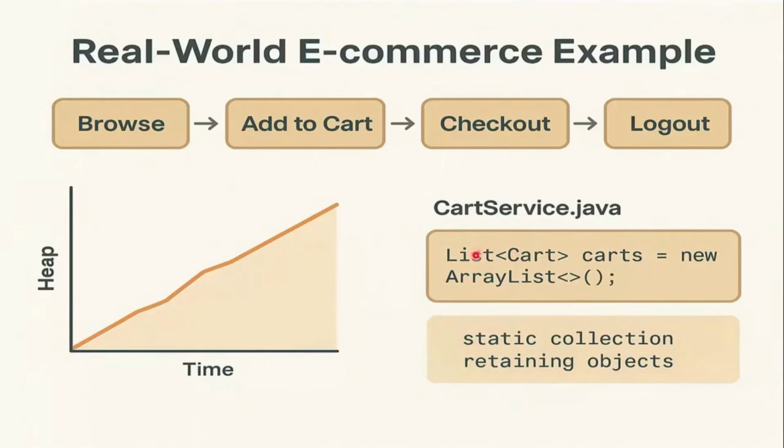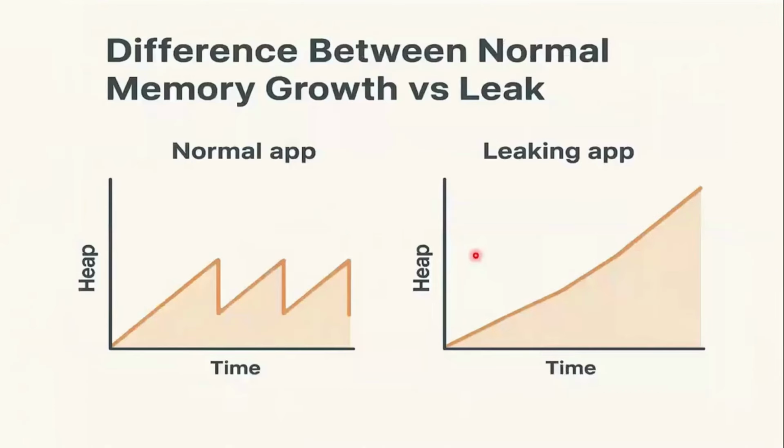Now, let's try to understand the difference between normal memory growth versus a leak. As a performance tester, you should know how to distinguish between normal memory growth and a leak. Let's understand the normal behavior first. In the case of normal behavior, your heap memory rises, then garbage collection triggers, and the memory drops and goes back to a stable baseline.